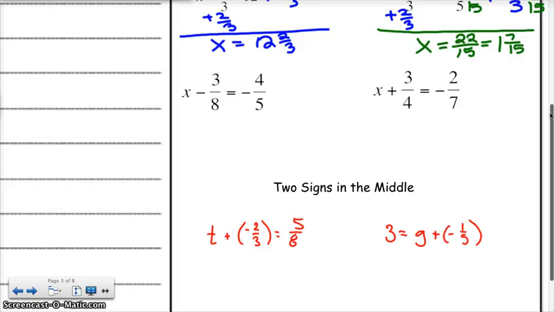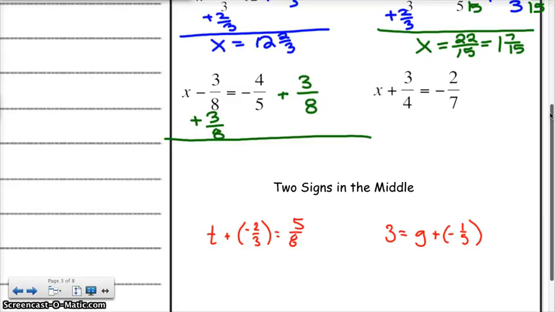All right, x minus 3/8 is equal to a negative 4/5. Uh-oh, it's going to get tricky here. Well, how do I get rid of minus 3/8? Plus it. Now watch.